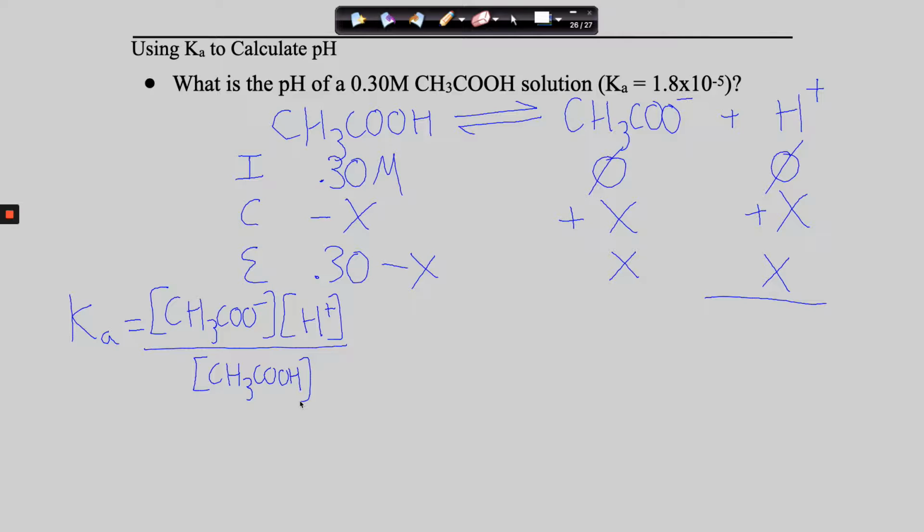Now, guys, we can plug in what we know. I'm going to go to the right. So we've got the Ka value, 1.8 times 10 to the negative fifth is equal to x times x times 0.30 minus x.